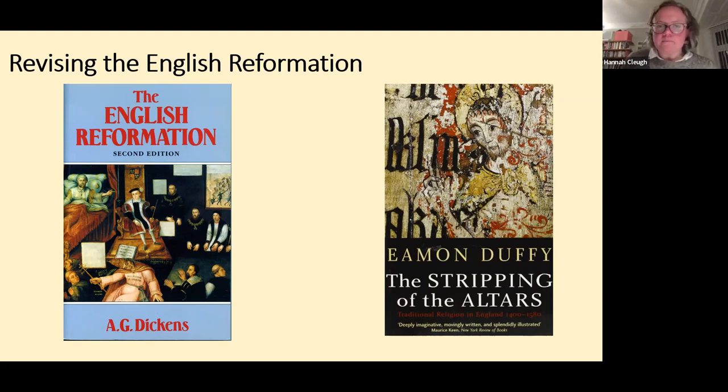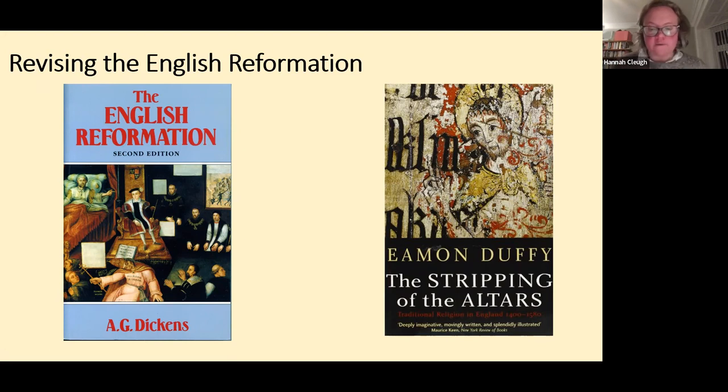As I say, that view has never really been substantially challenged. And so Duffy argues that traditional religion had about it no particular marks of exhaustion and decay, and says of the Reformation that it was a violent disruption and not the natural fulfillment of most of what was vigorous in late medieval piety and religious practice.